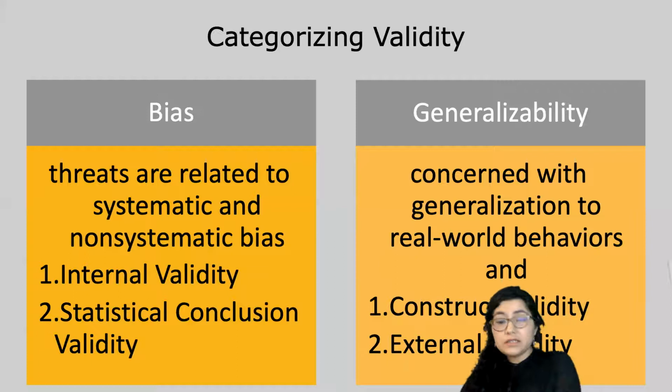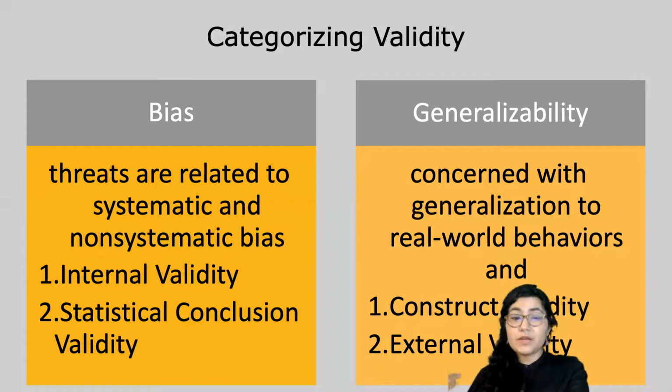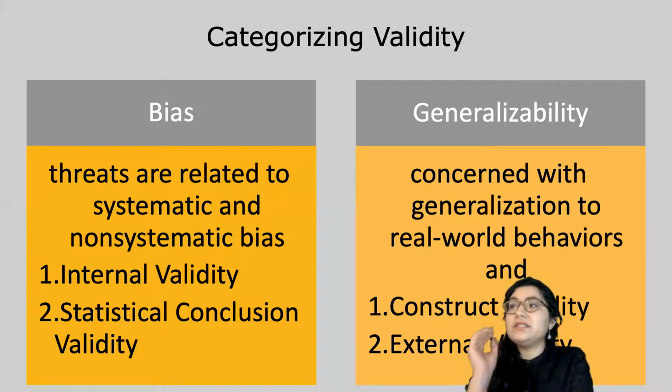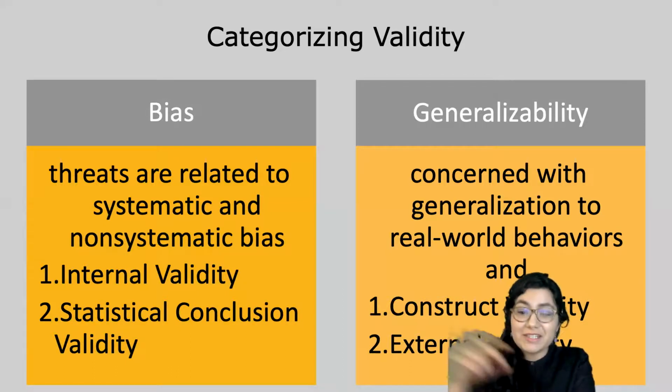So bias is threats that are related to systematic and non-systematic bias. Systematic bias would be like sampling issues. Like we talked about in the last lecture, if we're trying to say that being a football player causes domestic violence, there's inherently a sampling bias occurring there, right? Because there's a selection process by which you become an NFL player.